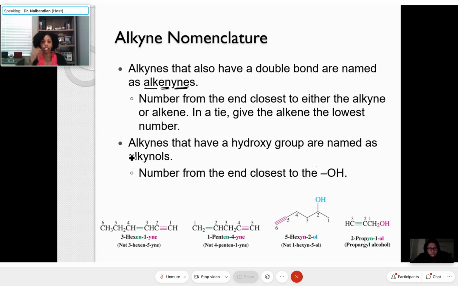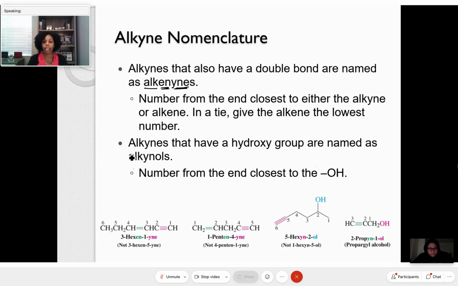If it doesn't, then you name it maybe as an alkene with an alkyne substituent, or if it contains the alkyne with an alkene substituent, or whatever. Look for your longest carbon chain, figure out what your substituents are. But here we're talking about if your longest carbon chain includes both a double bond and a triple bond in it, we call it an alkene-yne.